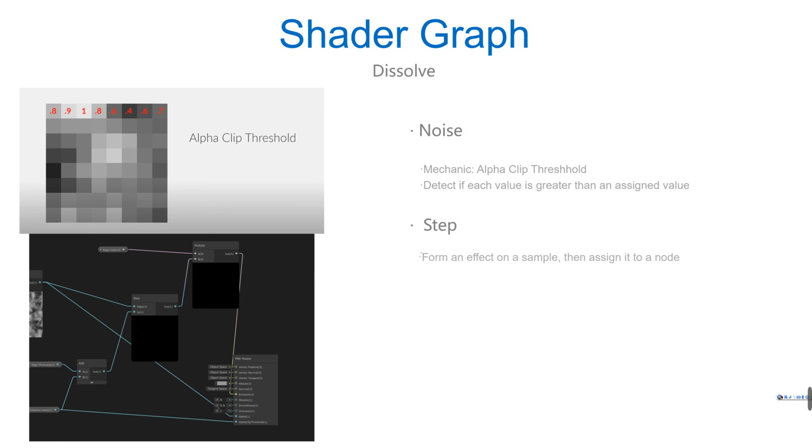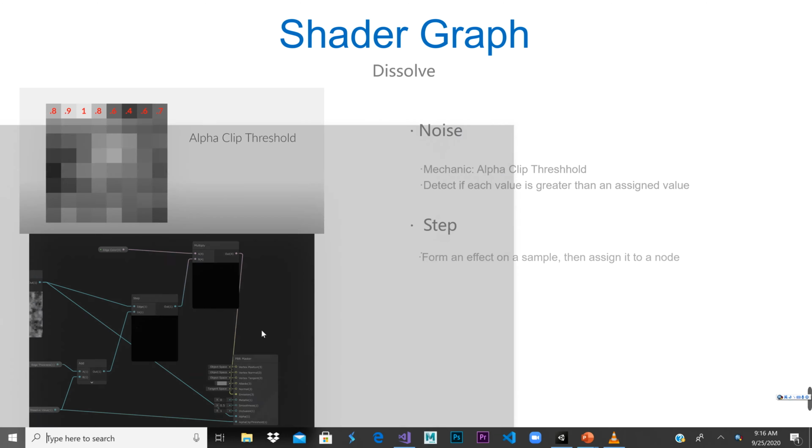If yes, it will be visible, or else it will not be visible. So it will form the range of the dissolve effect. And there's a step node, which forms the effect on a sample. We can show it, and then we assign it to the emission node.